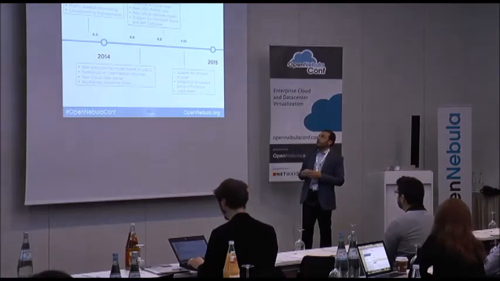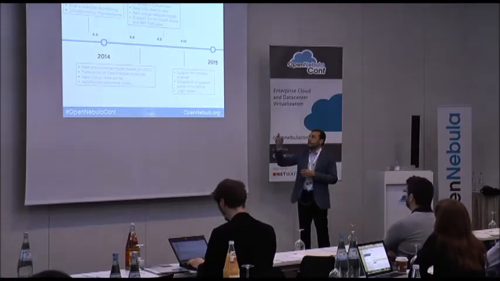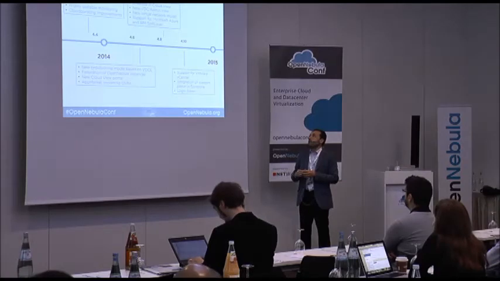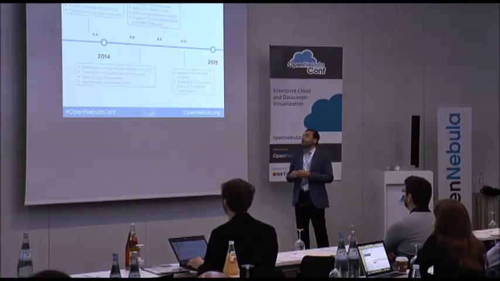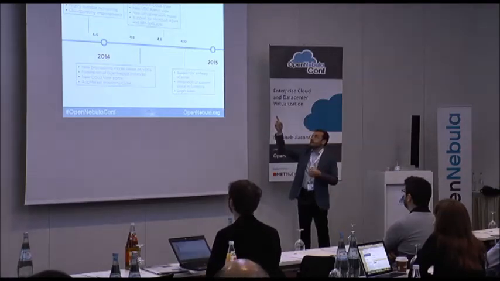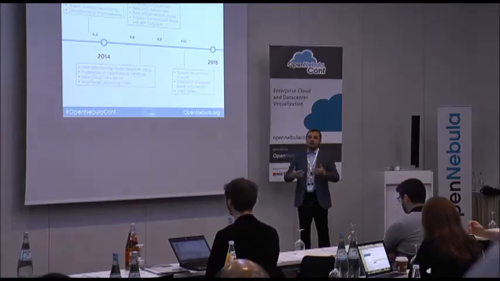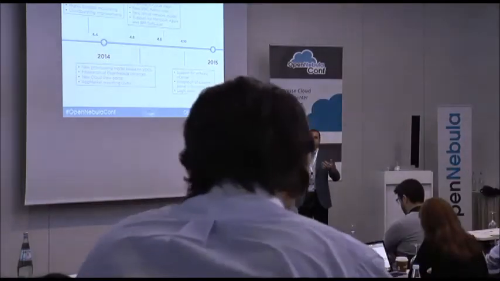In 4.8, we continued evolving and improving this provisioning model by incorporating support for OneFlow in Cloud View. That means that the end users are able to define multi-VM applications, multi-VM services with elasticity. We also provided a new view for VDC admins, so the administrator of the VDC can also administer and manage part of the VDCs.